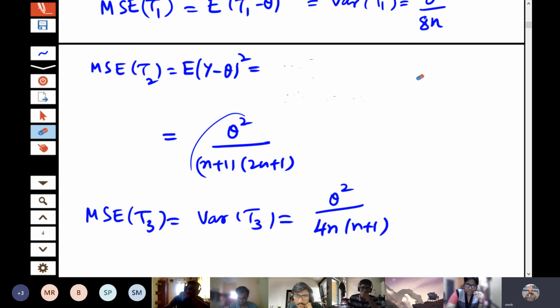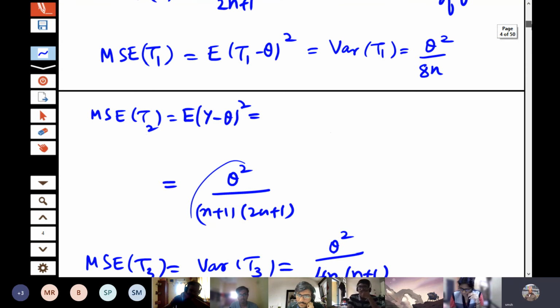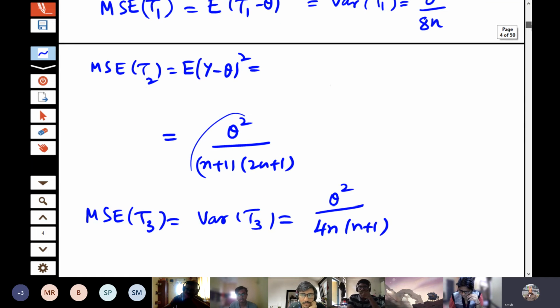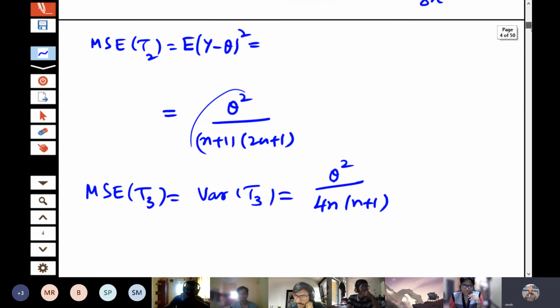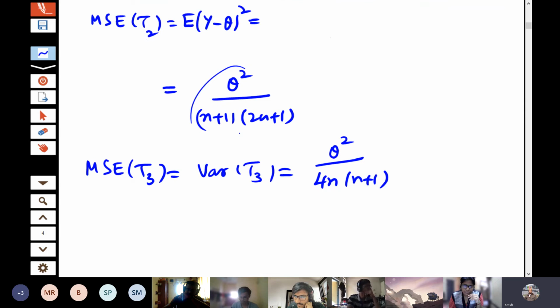So now we have at our disposal all these expressions. Mean squared error of T1 is theta square by 8n. Mean squared error of T2 is theta square by (n plus 1) into (2n plus 1). And mean squared error of T3 is theta square by 4n into (n plus 1).